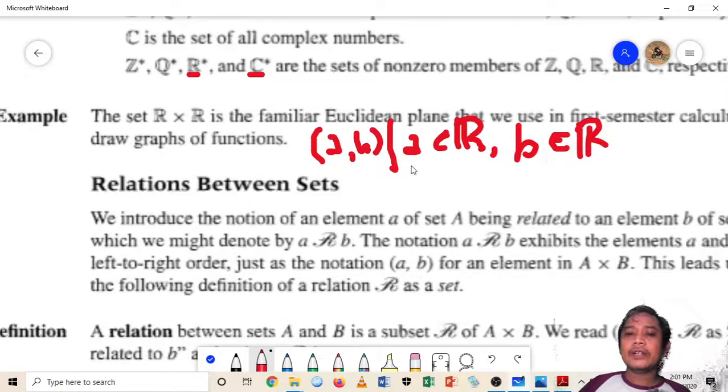So all ordered pairs of real numbers would be elements of the cross product R cross R.